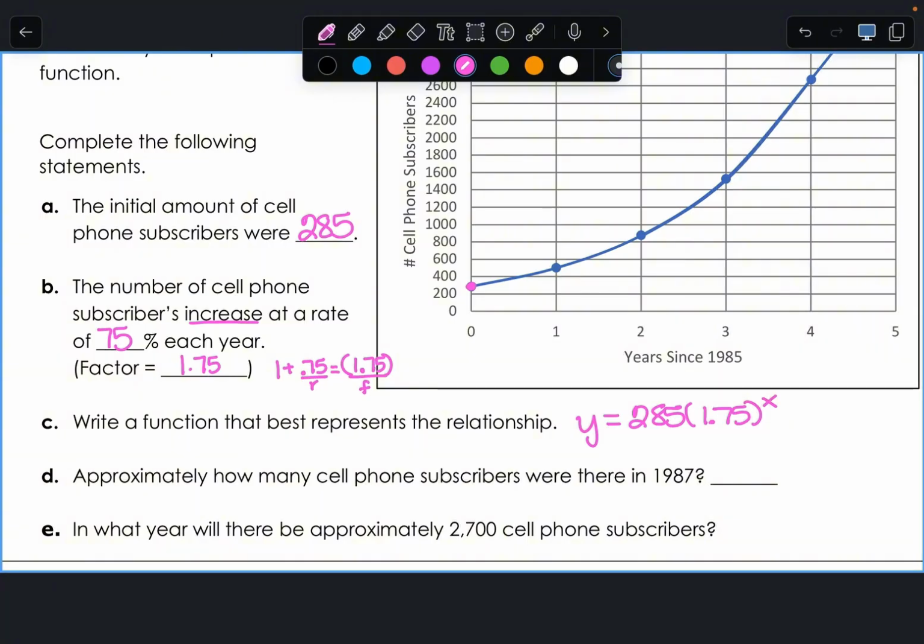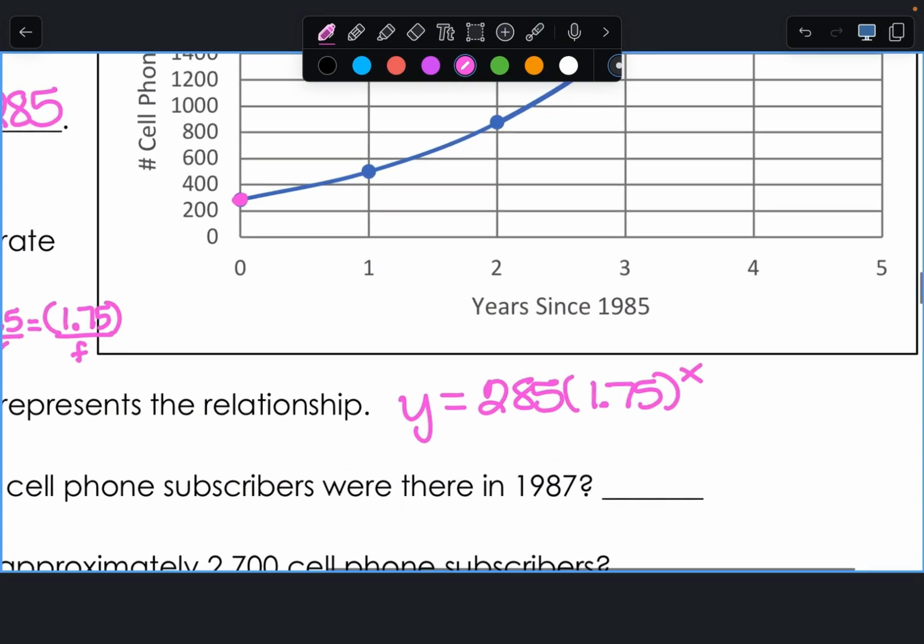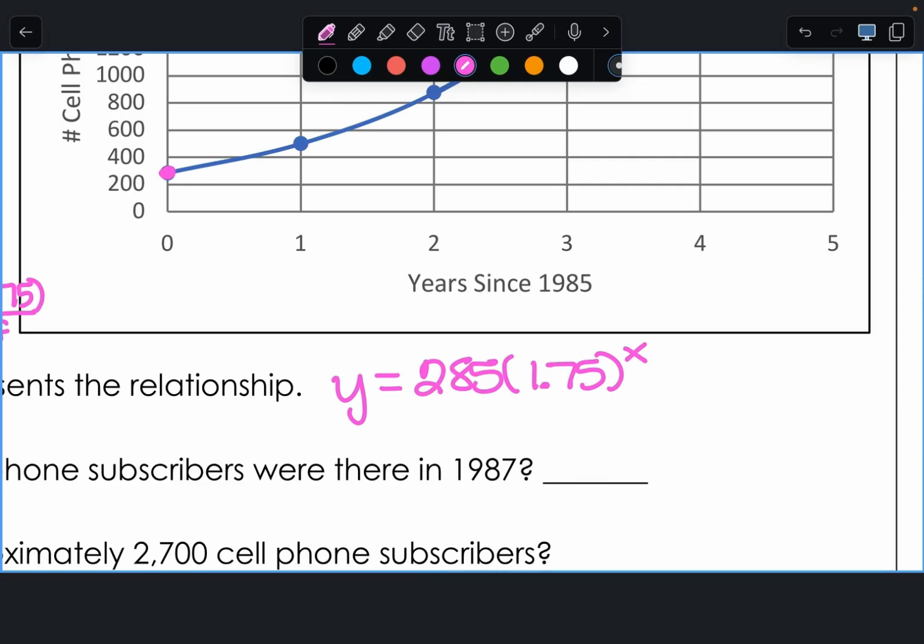Approximately how many cell phone subscribers were there in 1987? Do you see 1987 on the graph? No, so that means we need to look at our titles. Which one describes your years? X. Look at the title of the x-axis. It's specifically talking about years since 1985. So the 0 actually represents 1985.